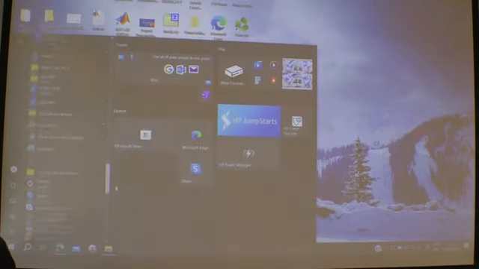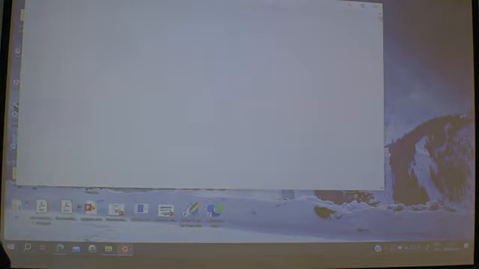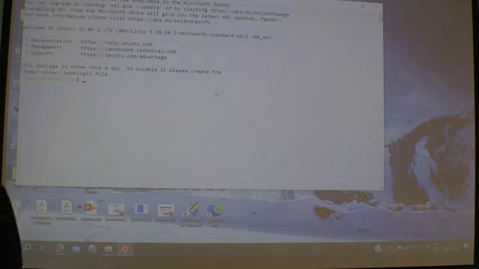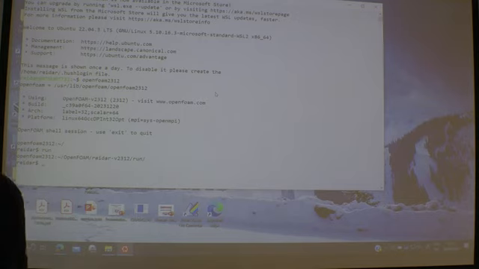Let's see, I have Ubuntu here. OpenFOAM 2312. And then I go to my run folder.